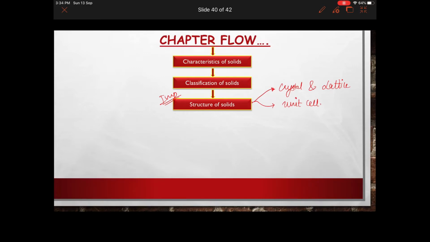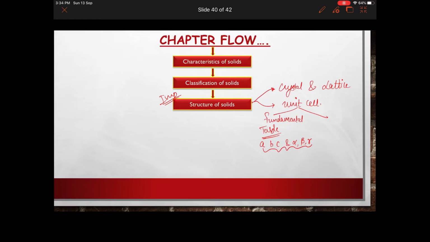And from these unit cells we talked about very interestingly that there are 7 types of fundamental unit cells, right? That table is going to be very important, with the relation between a, b and c and alpha, beta and gamma, because these are the 6 parameters on which the unit cells are classified.